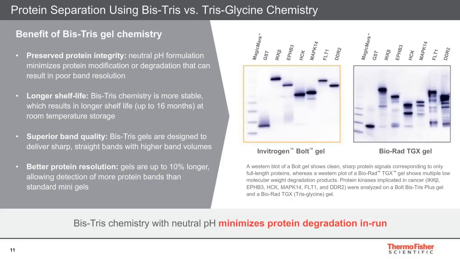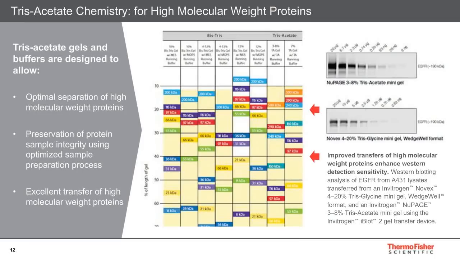Since Bolt Bis-Tris gels have a neutral gel running pH environment, the sample integrity is preserved and protein degradation, if any, is very minimal. However, on the Bio-Rad TGX gels, multiple degradation bands are detected along with the full-length purified proteins. This demonstrates that the Bis-Tris chemistry with neutral pH minimizes protein degradation during electrophoresis.